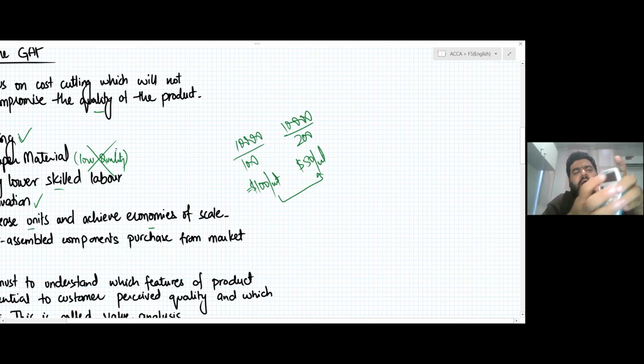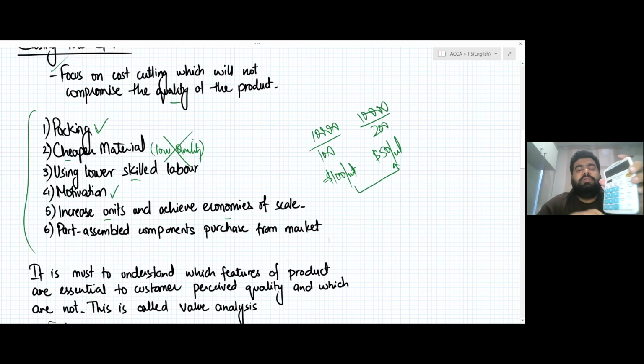So I can buy this part from the supplier rather than making it for $2. So you can take part assembled components, like half the components from the supplier, and do half the production yourself, according to costing techniques that calculate the proper difference between buying from a supplier or making it yourself.